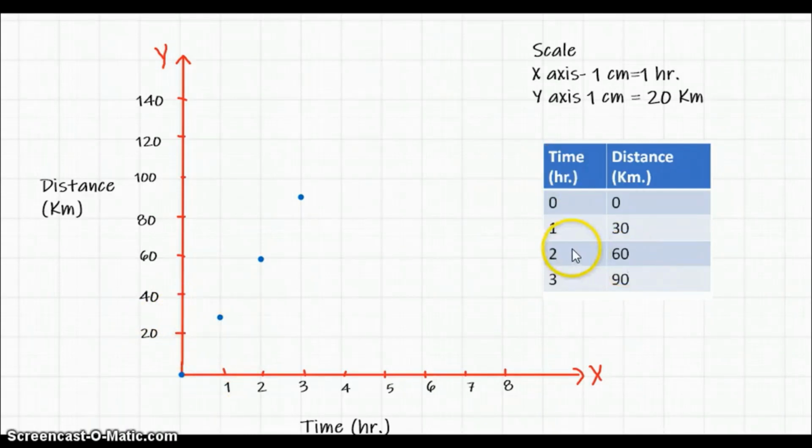Then after 2 hours the distance covered is 60 kilometers. So this is the intersection of 2 hours and 60 kilometers. Then after 3 hours the distance covered is 90 kilometers. So here is this point. Now we will join all these points using a scale.